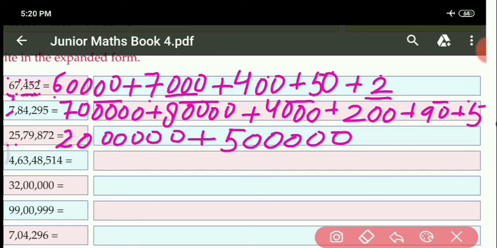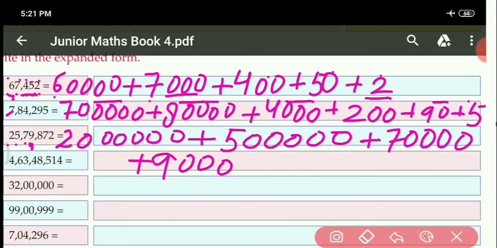Okay, plus then after that what is given? 7. 7 is given at 10,000. In 10,000 how many 0s? 4 only. So make here 4 zeros. And plus, I am writing the answer downside also. Next digit is 9. Here see, 9 is given at 1000 place, so 9,000 will be 9 and 3 zeros.